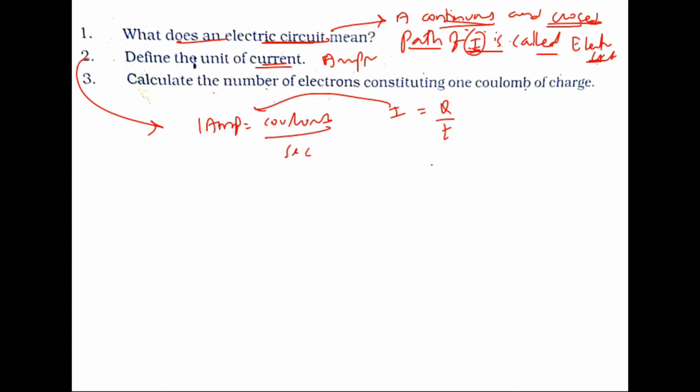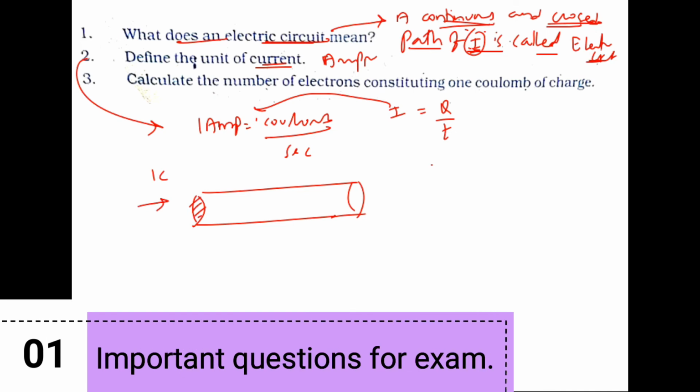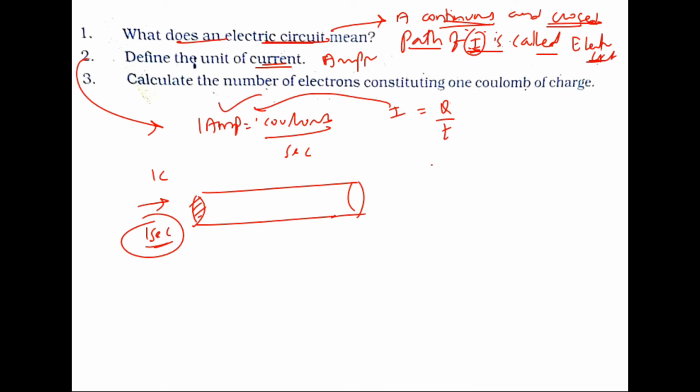For example, if 1 coulomb of charge is passing through a cross section of a conductor in 1 second, you can say it is 1 ampere current flowing.